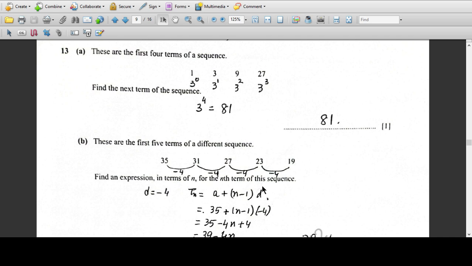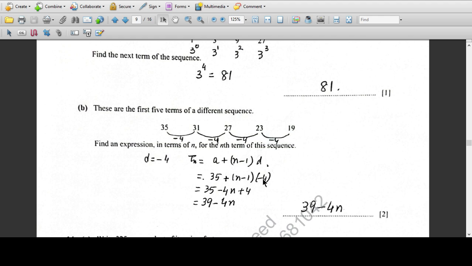Here the difference d is -4, and a is 35. So we have 35 + (n - 1) multiplied by -4. So this is -4n + 4, which gives 39 - 4n. So if we place 1 here, it becomes 35, for 2 it is 31, for 3 it is 27, and so on.